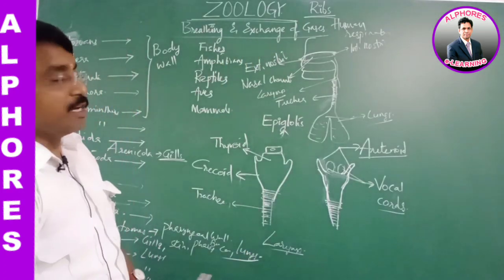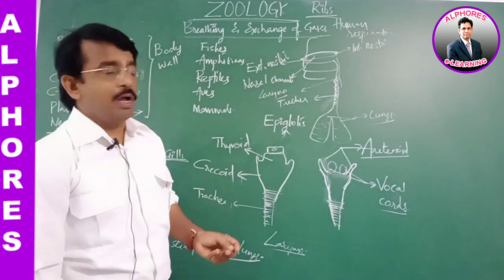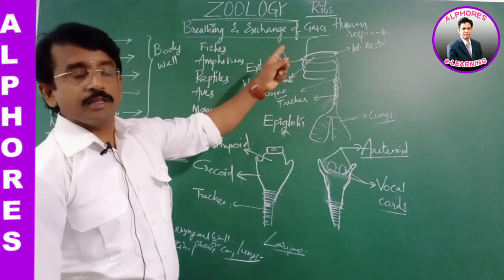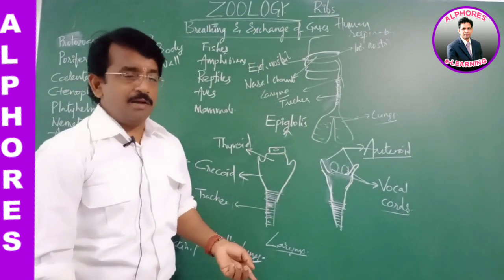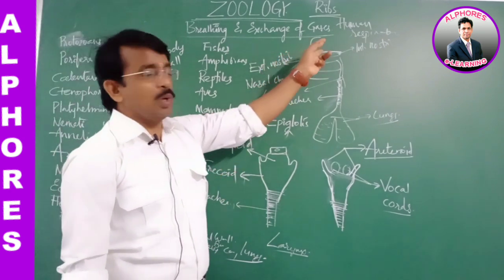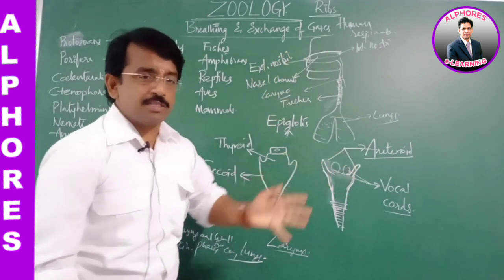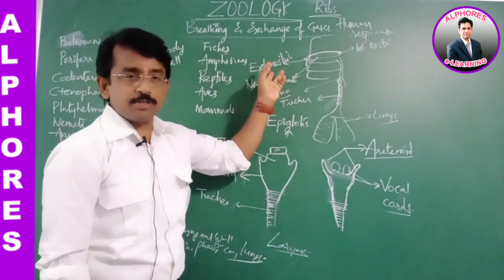So the respiratory system can be discussed under two headings in human beings. One is the respiratory tract, including the regionalization. Tract means the path, which starts with the external nostrils.